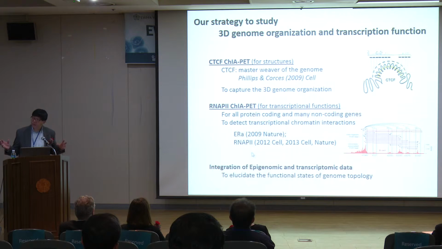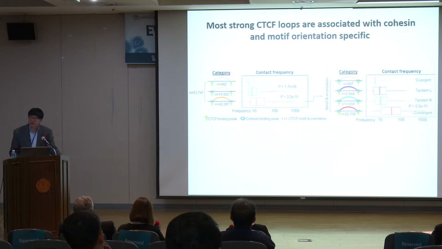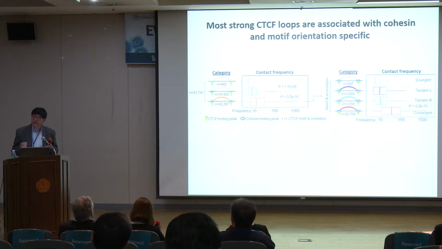Then we use all the existing epigenomic and transcriptomic data to annotate such structures. Using this approach, we're starting to generate very detailed, high-accuracy data that allow us to really look into the details of how the genomes are organized.